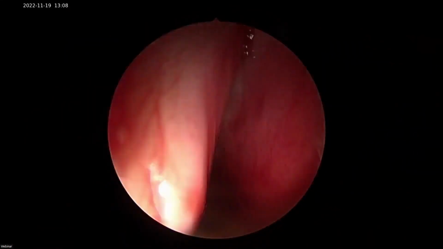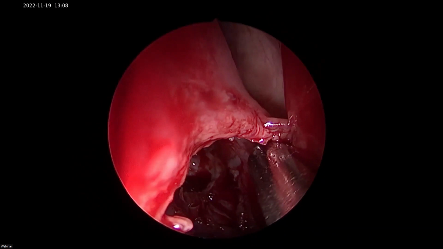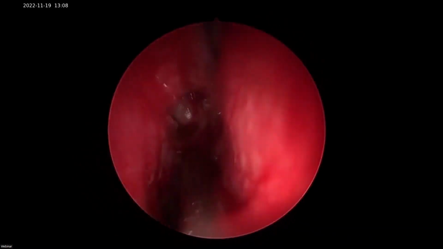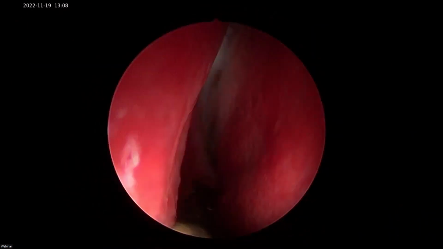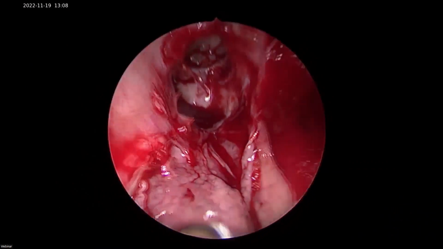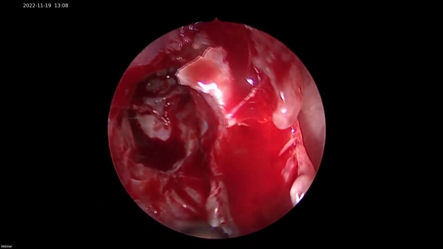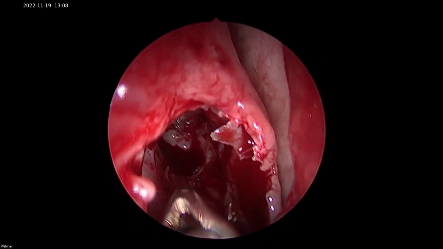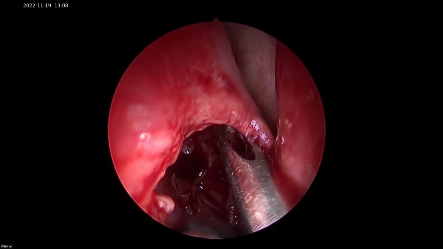Because again here I have a Keros upper person. Small baby. That is T3.